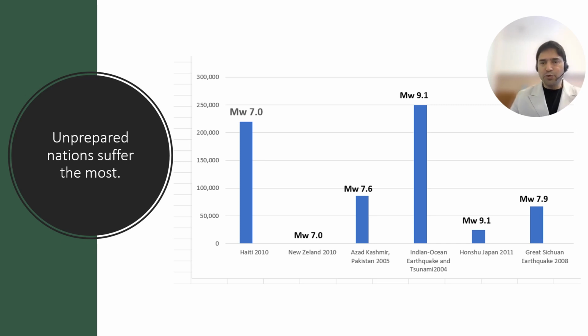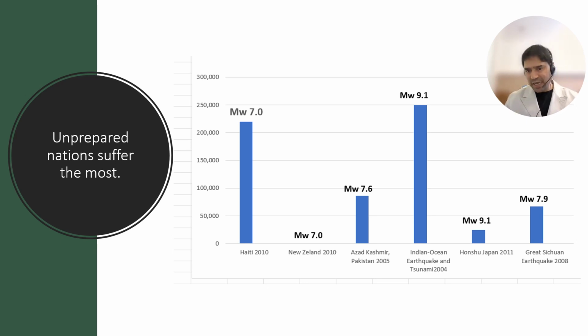And that is a very important realization, that areas where there are no preparations for earthquake hazards, unprepared nations, suffer the most. Those unprepared nations can have a problem in the political system, a problem in administrative setup, a problem in economy. All these things add up to the story of the hazard turning into disaster.